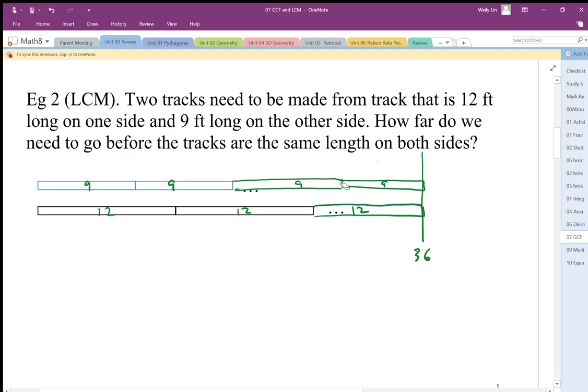In fact, this is the first time that happens, so it's the lowest common multiple. So in this case, we need to go 36 meters until the ends meet.